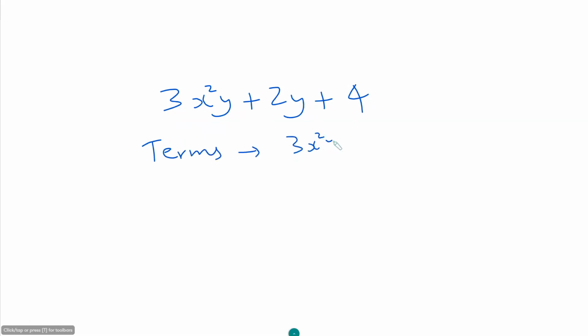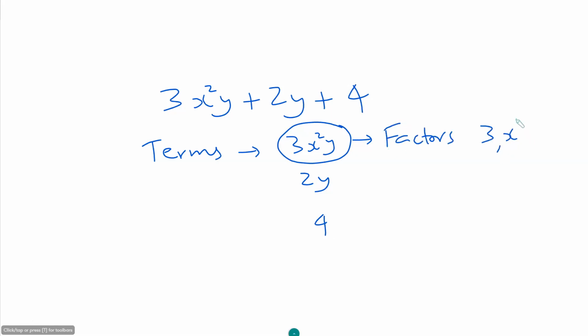Let's summarize what we have just learned. Consider an algebraic expression like 3x square y plus 2y plus 4. The terms of this expression are 3x square y, 2y and 4. If you consider just the first term, the factors of the term are 3x square and y.